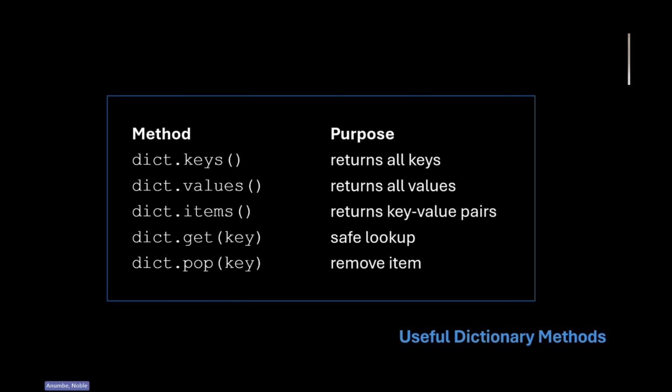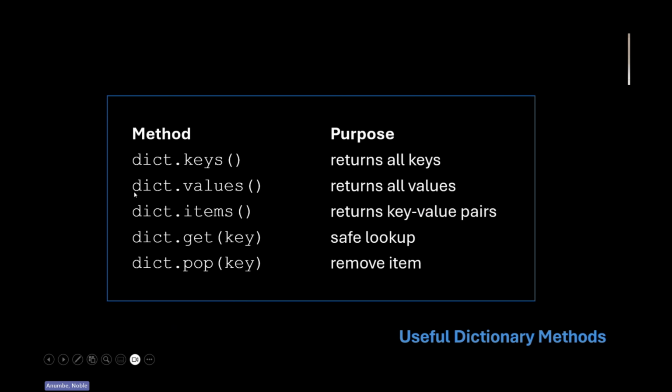In this case, we're trying to do something to our dictionary. If I just say dict, which is your symbol for dictionary, dot keys, it will automatically return all the keys that you have.